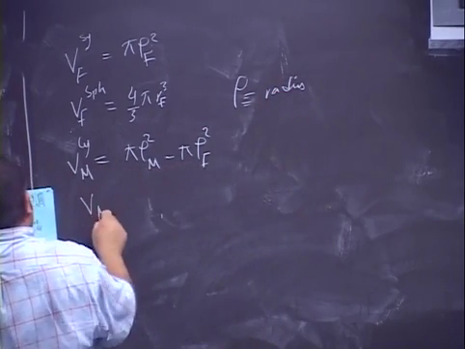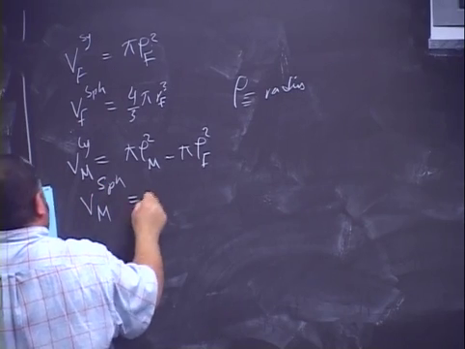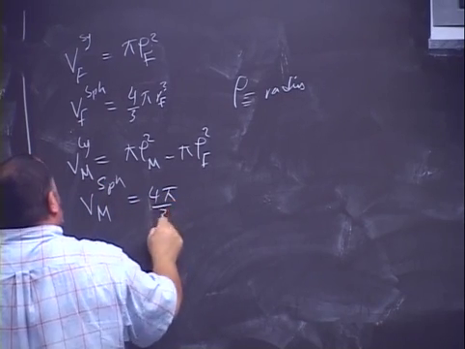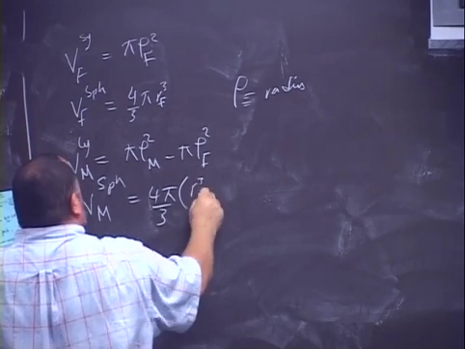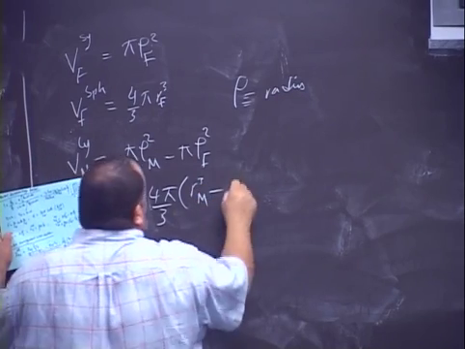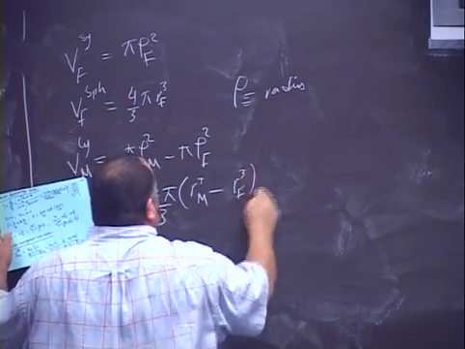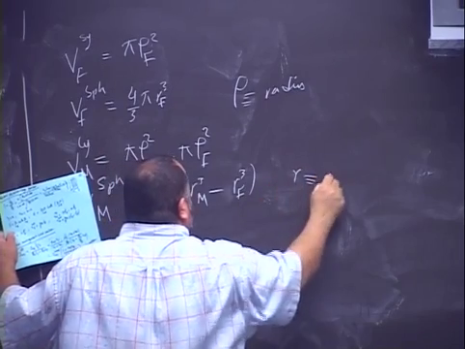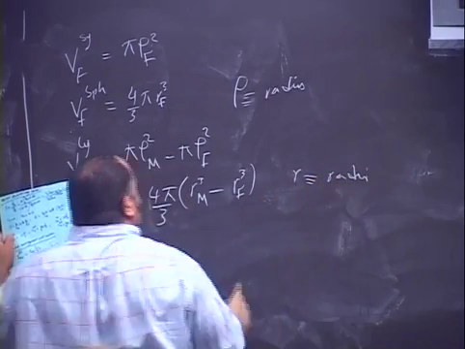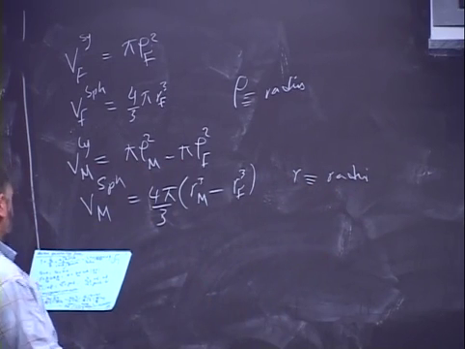And for a sphere, the moderator volume is 4 pi over 3 times r cubed moderator minus r cubed fuel, r being the radius.